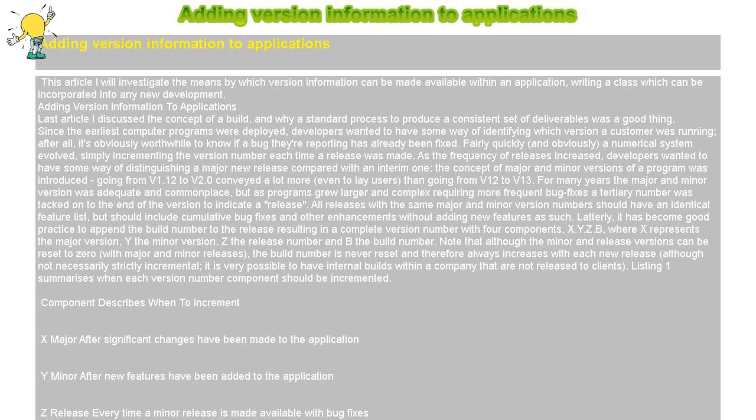To complete our examination of a build process, it would be extremely nice if, having successfully completed, it could increment the build number, and possibly release number, within the version information for all deliverables.